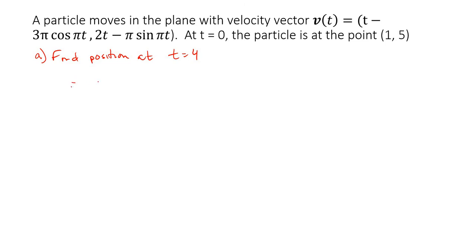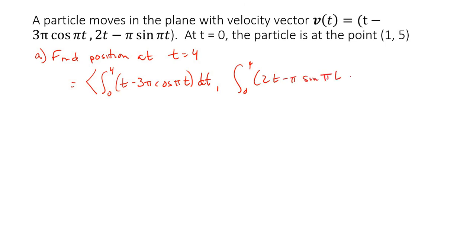We're going to first find the integral from 0 to 4 of t minus 3 pi cos pi t dt, and 0 to 4 of 2t minus pi sine pi t dt.